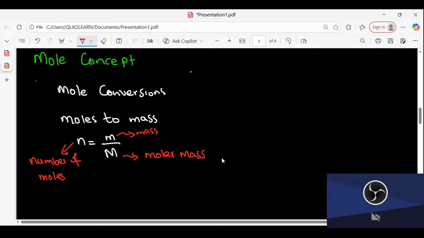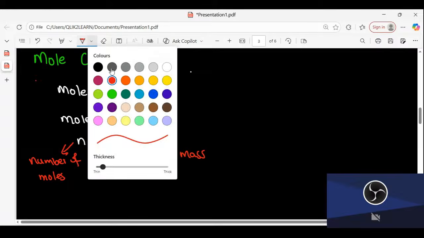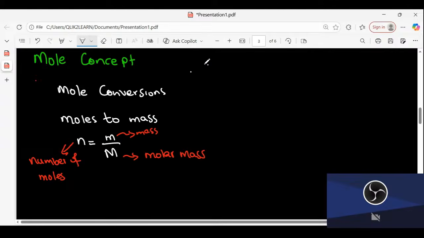Right. So now let's say you want to convert moles to particles. It depends on the question what you have. So the formula that we use is the number of moles n equals N over N_A.